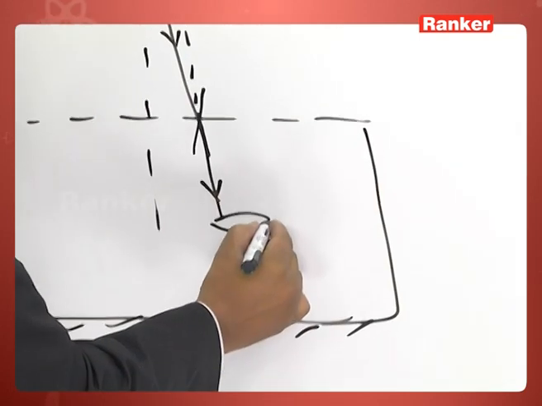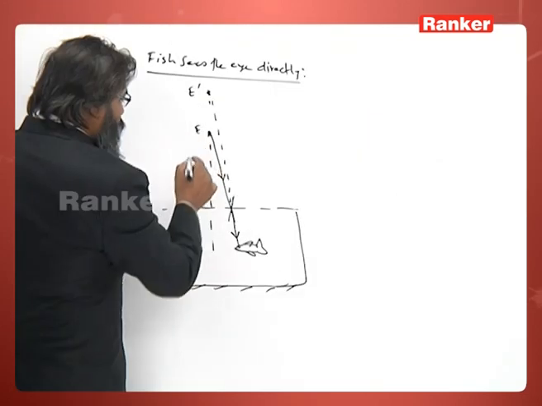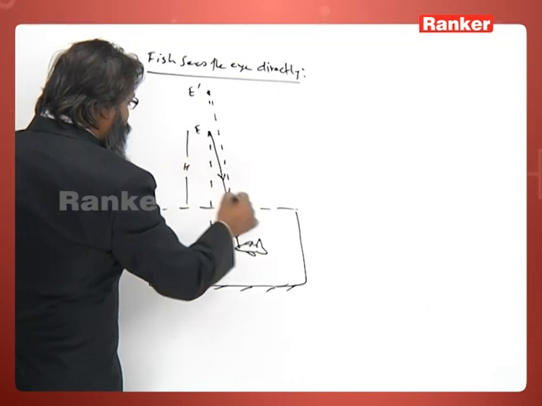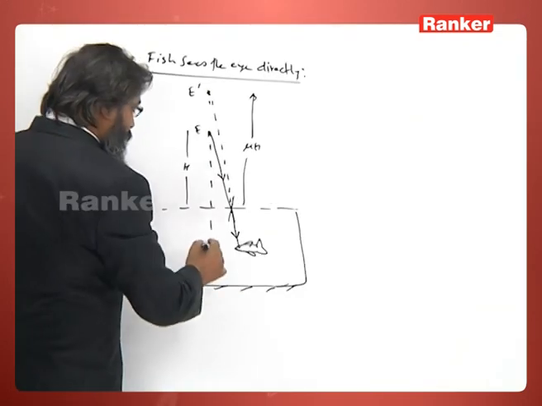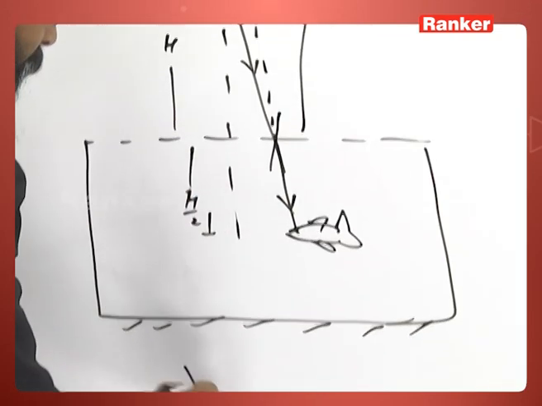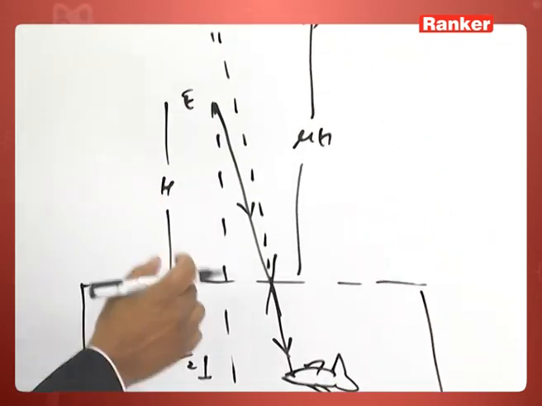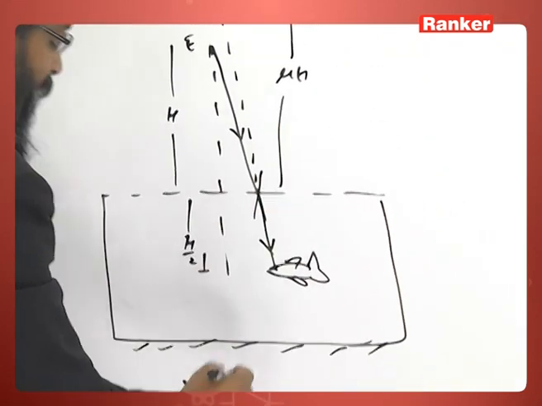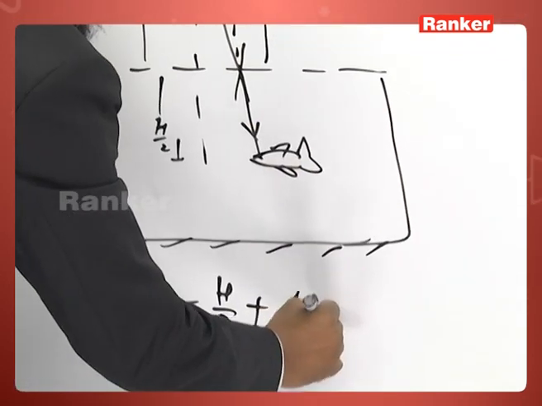Here we have the fish and this observes. So, if this distance is h, then it will be appearing at mu h and this distance itself is h by 2. So, we see that the distance between the fish and the image of the eye is this h by 2 plus mu h.